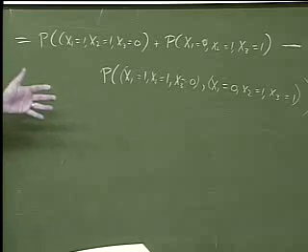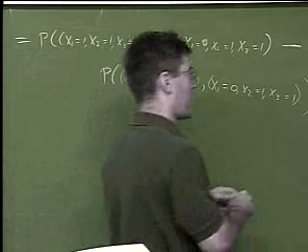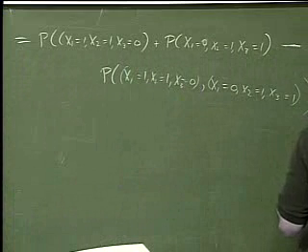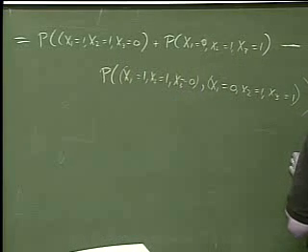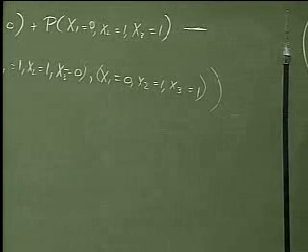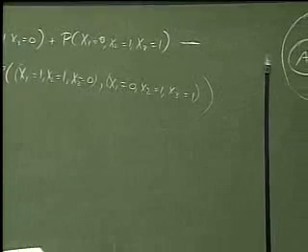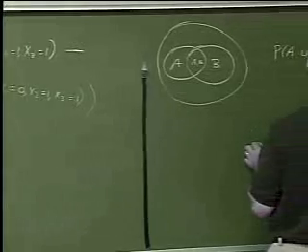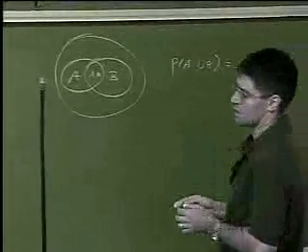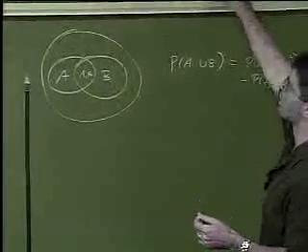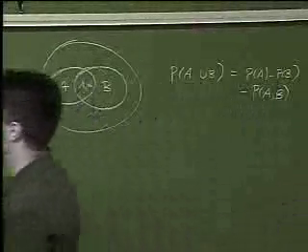Right? I mean, that's just applying the rule we talked about before with the Venn diagram. This is A and this is B. And this is A and B. Probability of A or B is probability of A plus probability of B minus the probability of A and B. Right? So I took care of this first OR, and now I've got to take care of the next OR.